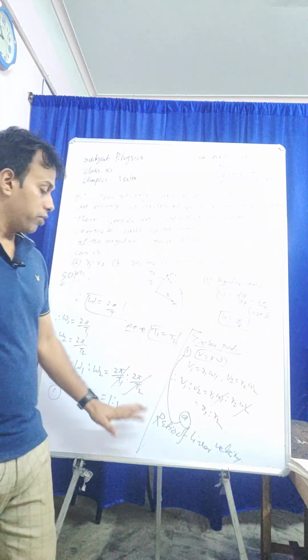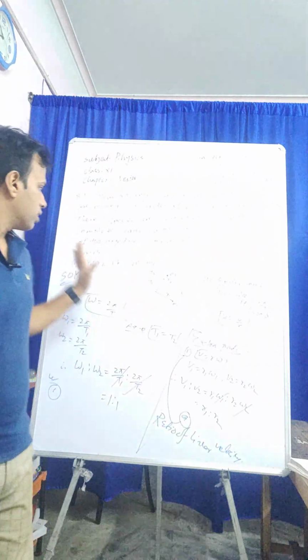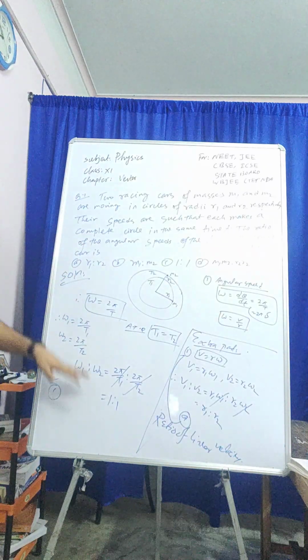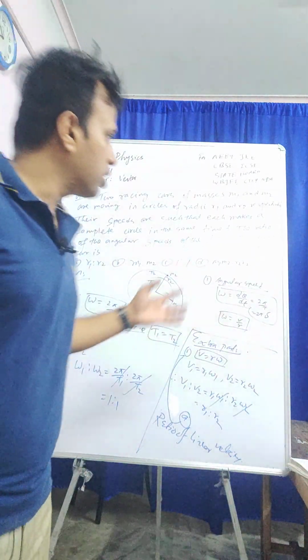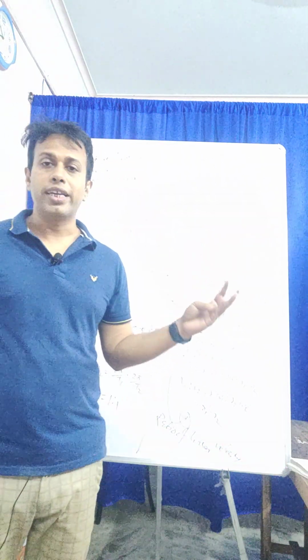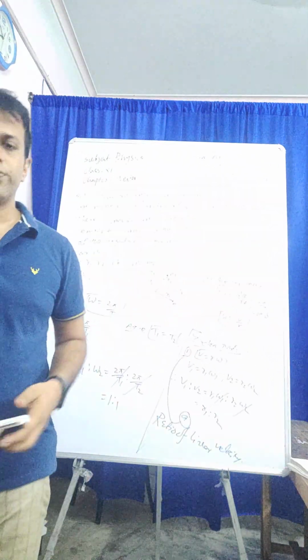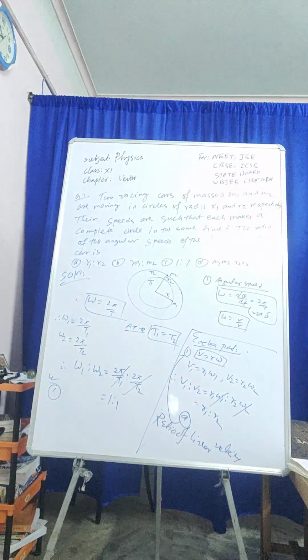In that case the answer will be A. Since they ask for angular velocity, the answer will be C, 1:1. Or they may ask in the question angular acceleration or centripetal acceleration or centripetal force also. So move on to the next question.